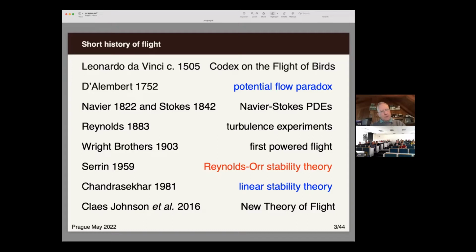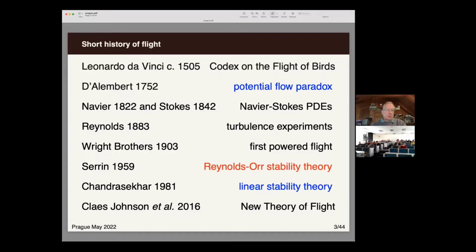Despite that being commonly known in certain mathematical circles in, say, the 1960s, Chandrasekhar, a famous astrophysicist, by the way, also professor at the University of Chicago, which is, of course, why I'm mentioning him, wrote a famous book on fluid dynamical stability theory. And he used a theory called linear stability theory, which I will talk about, which is quite different from the Reynolds-Orr stability or instability theory.